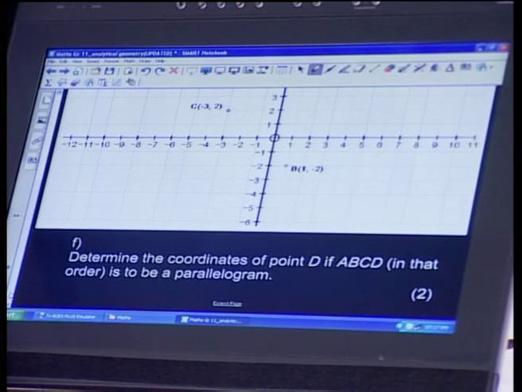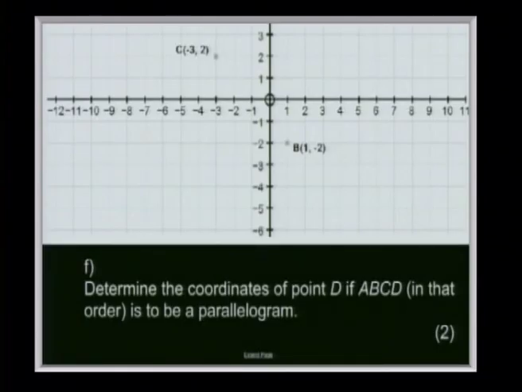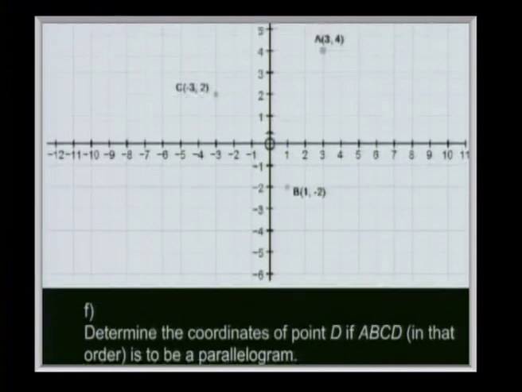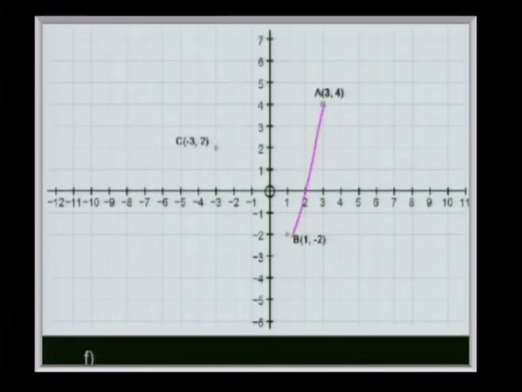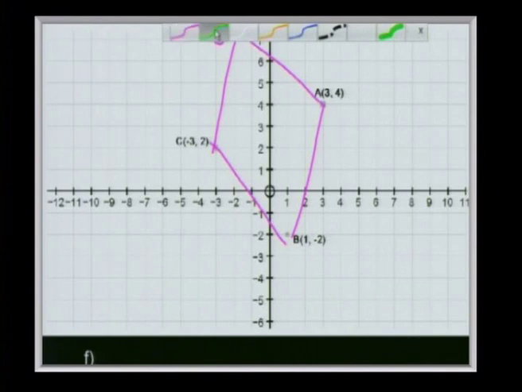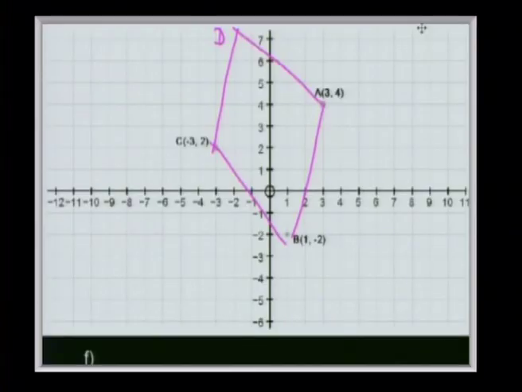Determine the coordinates of point D if ABCD in that order, spoke about that a while ago, is to be a parallelogram. So what we're going to do is we can go from A to B to C, and somewhere over here is going to be our point D. Okay, so what are we looking for? Let's have a look at the x's. From B to C, how many units do the x's change? From 1 to minus 3, they change 4 units.